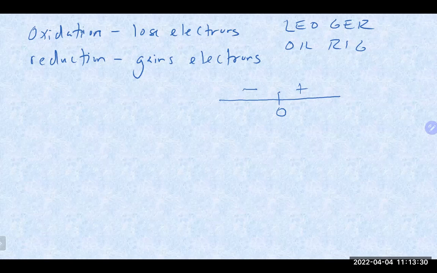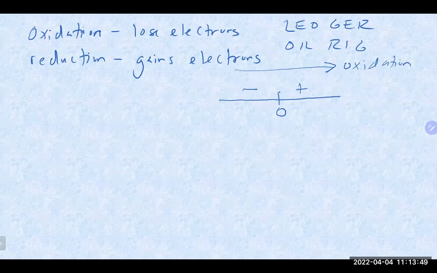So if you see the charge, or what is really called the oxidation number or oxidation state, of something become more positive, moving in this direction, that thing is being oxidized or going through oxidation. When somebody gains electrons, they become more negative.